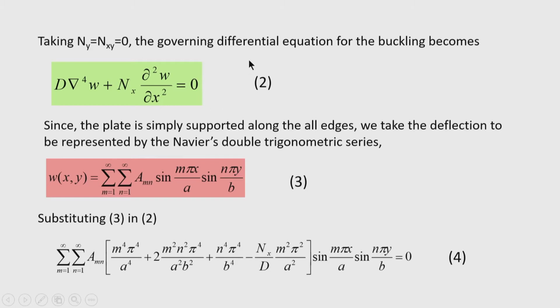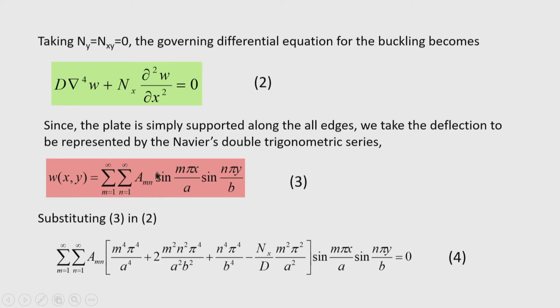These are called transcendental equations, and solving this transcendental equation yields multiple values of roots, so that we can get the buckling loads at different modes. But the lowest buckling load will give you the critical load, and that is taken for the design. Now, substitute equation 3 in equation 2.